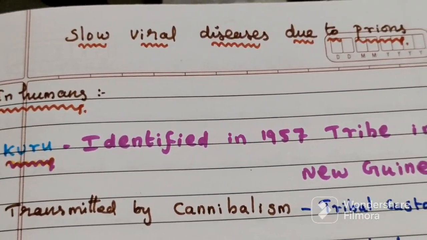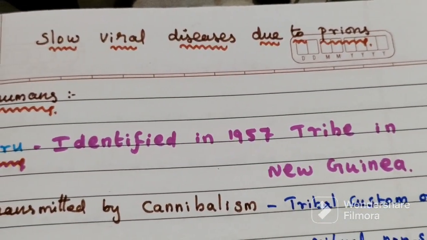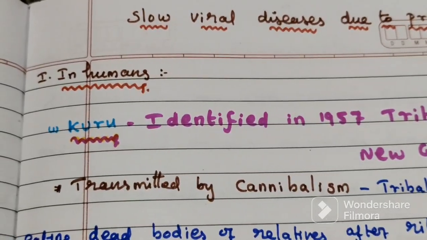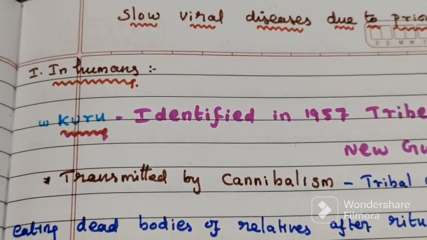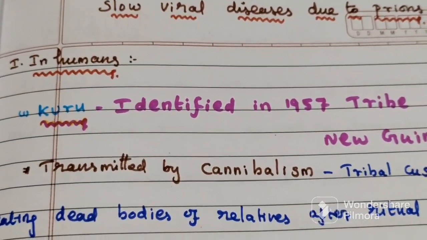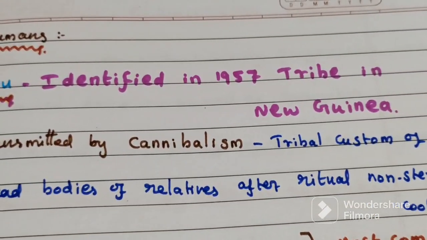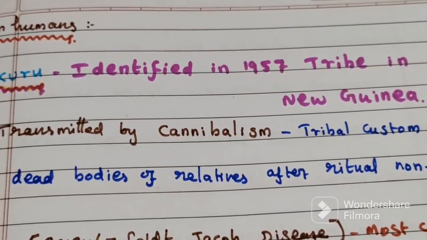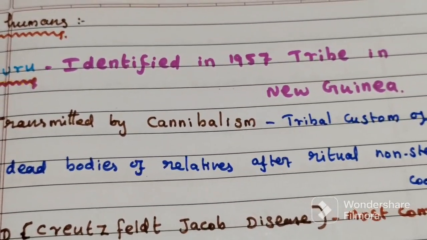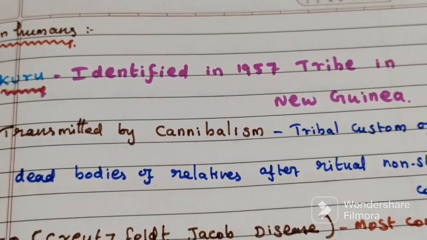Let's discuss slow viral diseases due to prion. First, in humans, the first disease is Kuru. Kuru means tremor. This was first identified in 1957 in a tribe in New Guinea. The incubation period is 5 to 10 years.